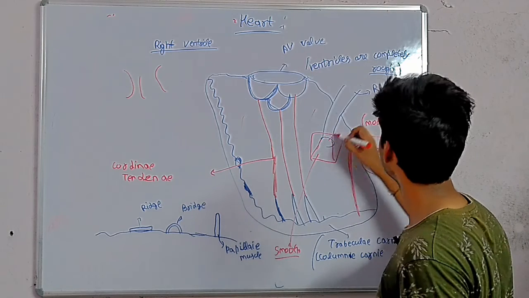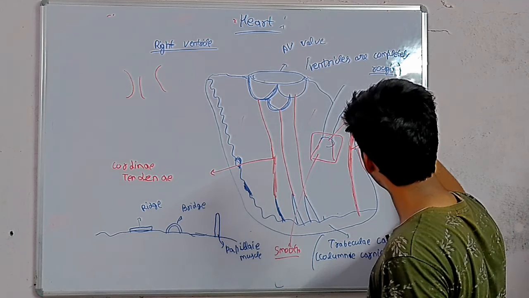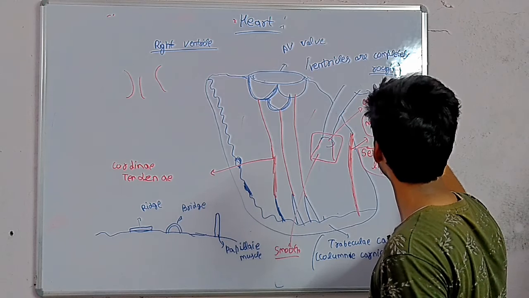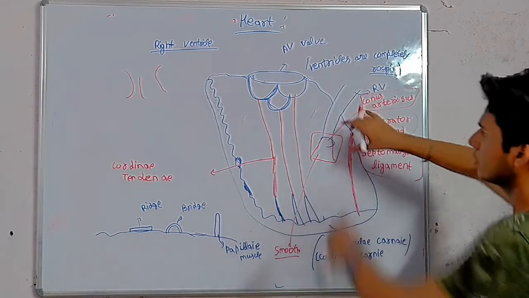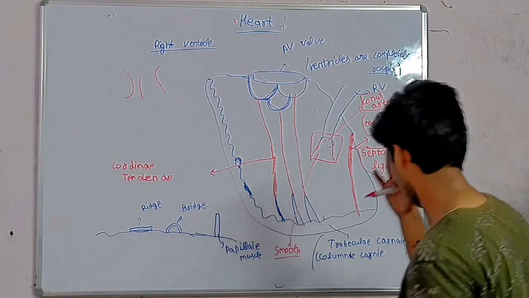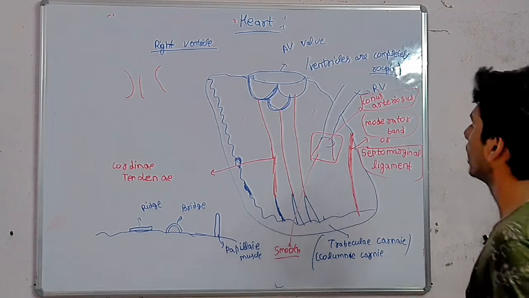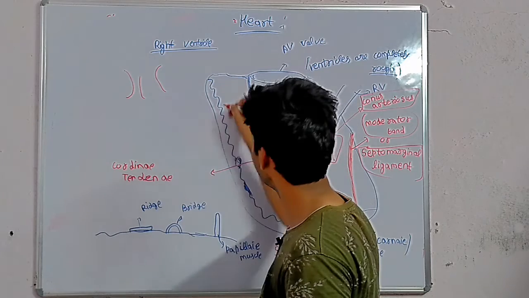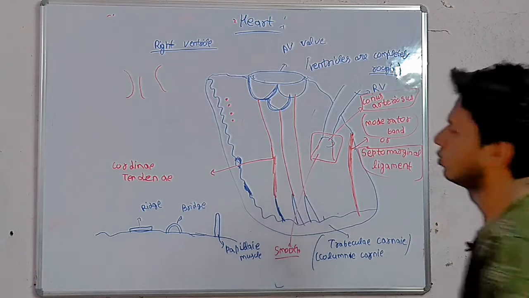This opening is called the conus arteriosus. The conus arteriosus is the opening of the pulmonary trunk, which divides into two arteries, left and right. These are the main features of the right ventricle. And some venae cordis minimae are also present here, but they are not a big deal. Note this.